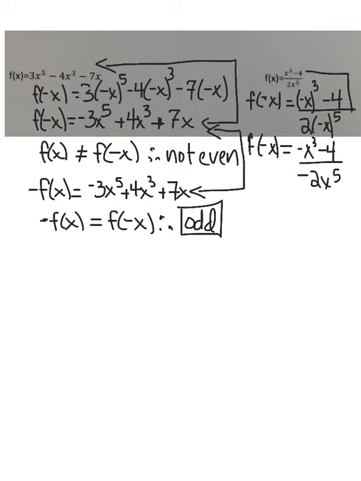Look at this, look at that, and I think you can see that those are not the same. So let me make this look maybe a little bit neater. So I'm going to say f of x does not equal f of negative x, therefore not even.